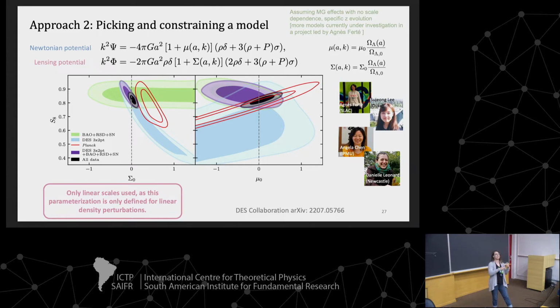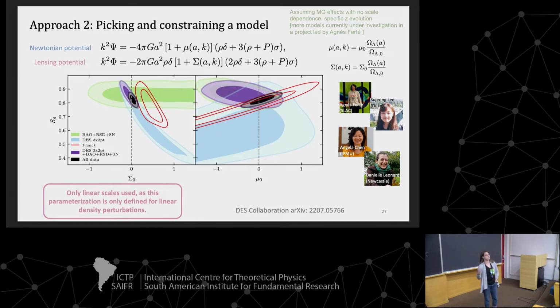It's not tied to some underlying Lagrangian changing Einstein's equation. What it does is you introduce a couple generic functions which modify your Poisson equation. Mu changes the Newtonian potential, the gravitational potential experienced by massive particles, while Sigma changes the gravitational potential seen by massless particles, so it changes the lensing potential.